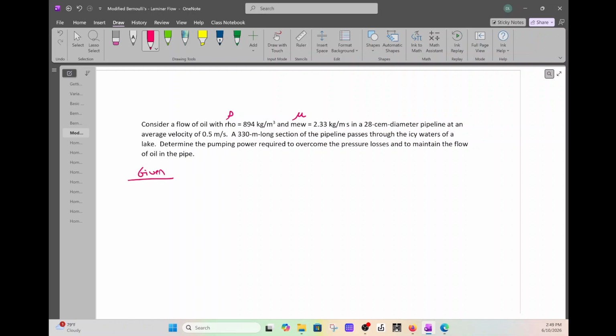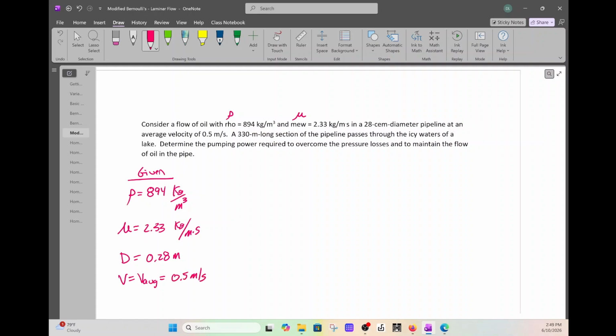So given, we have rho 894 kilogram per meter cubed. We have mu 2.33 kilogram per meter second. We have the diameter, which is 0.28 meters. We have V, which is your V average, 0.5 meters per second.